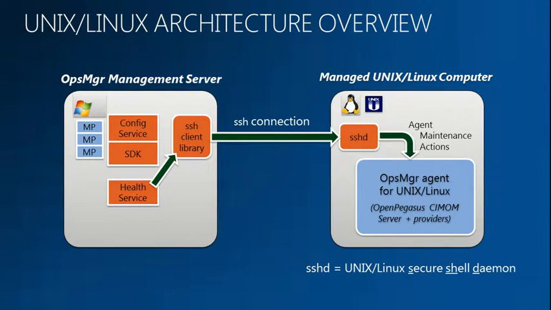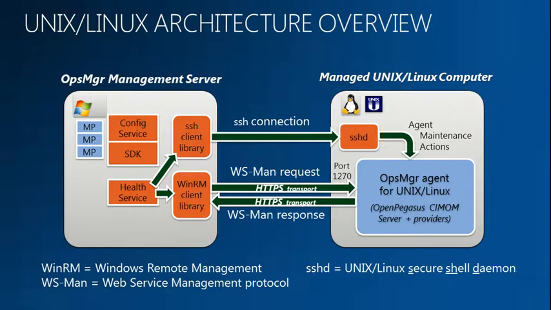It's the only time we're making an SSH connection to the agent. If you have another system to deploy software to your machines and want to use that as an alternative to the SSH push, that's entirely an option. SSH is never used in monitoring of the Unix and Linux computers.